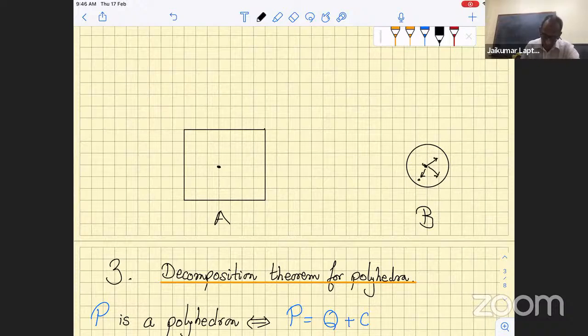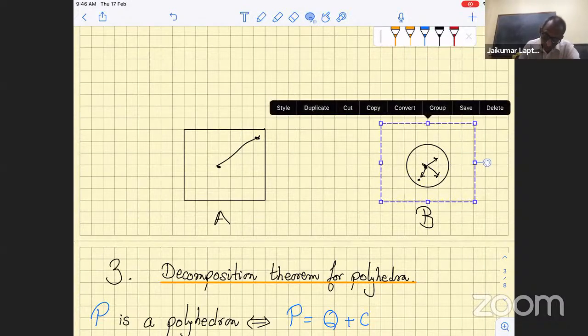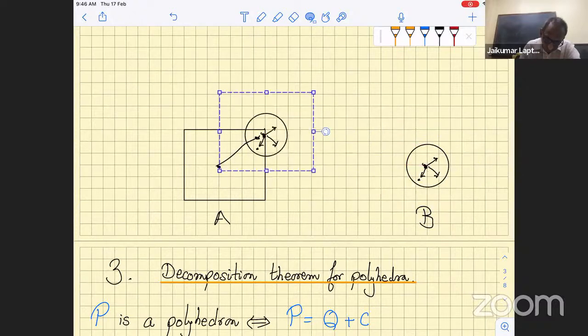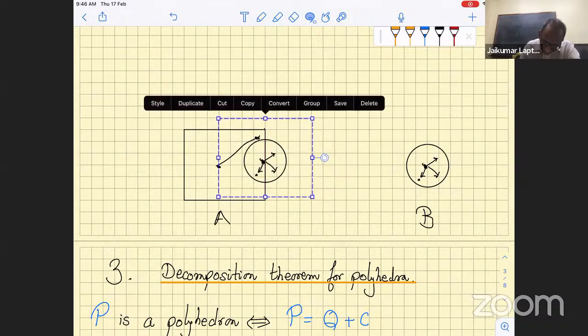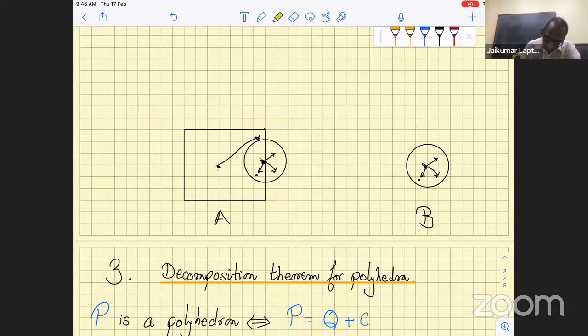Now, what is A plus B? You take this point with every vector here. With every point in this, I add this little circle to it. If I add this circle to it, then I start getting these points.